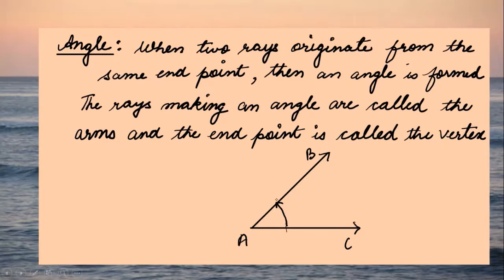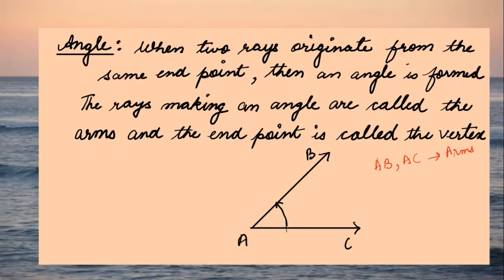Now an angle is formed over here, angle CAB. The rays making an angle are called the arms. So these are your arms, AB and AC. So AB and AC are your arms.